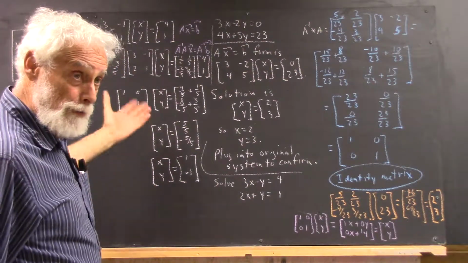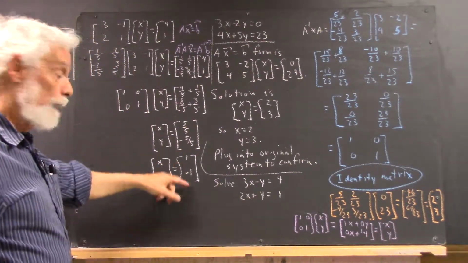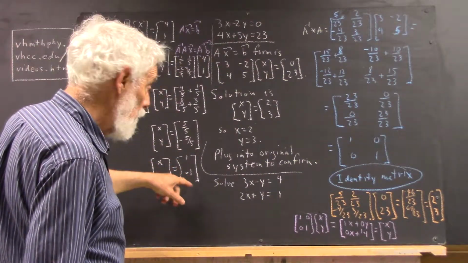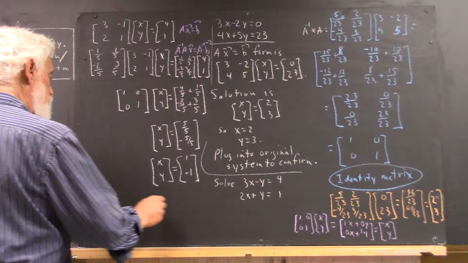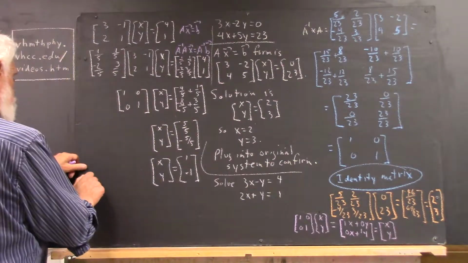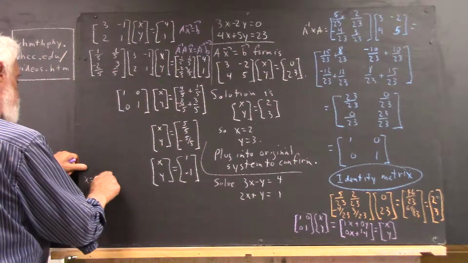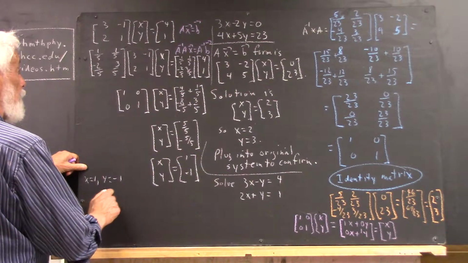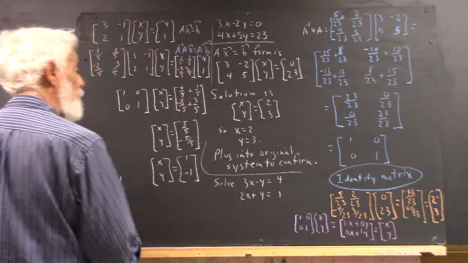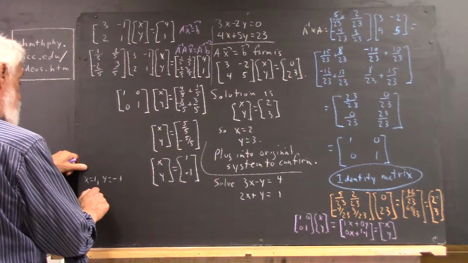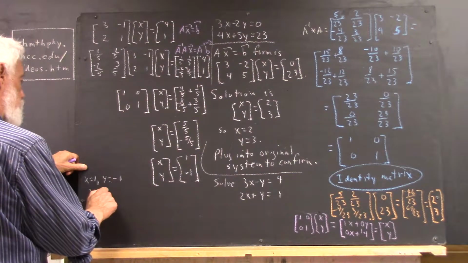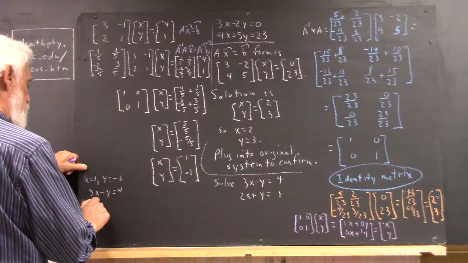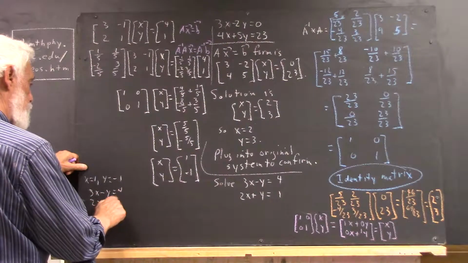But another way to check if I did the inverse right is just see if I actually got a solution. So if x is 1 and y is negative 1, is that a solution to the equation? Well, the system is 3x minus y equals 4, 2x plus y equals 1.